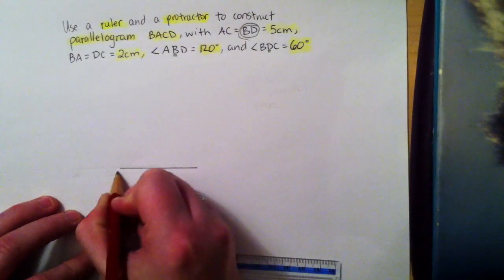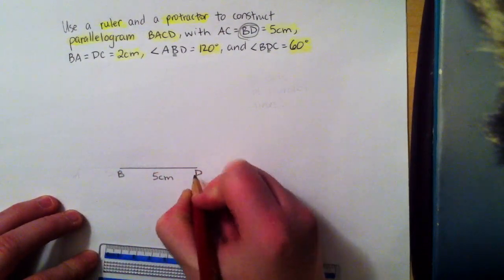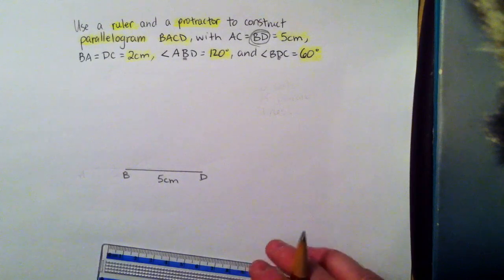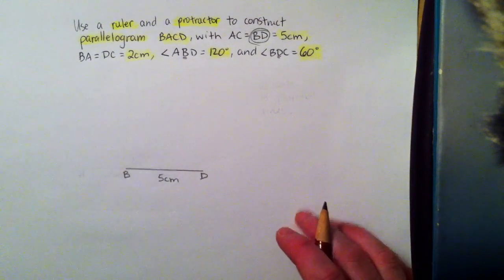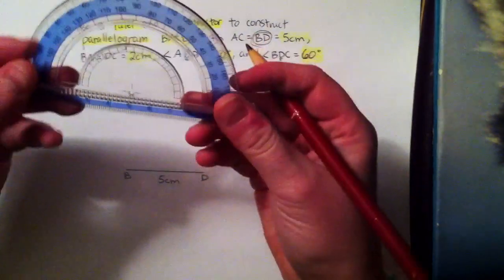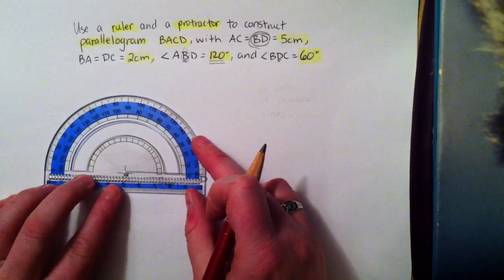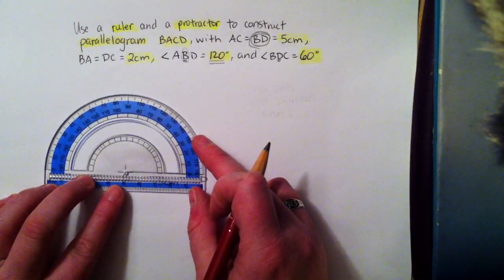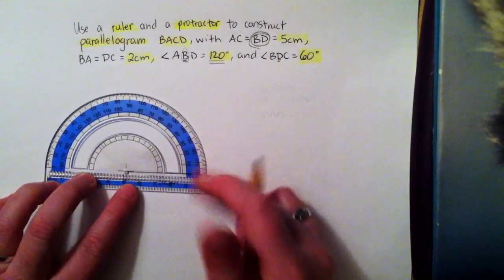Make sure to mark your line with 5 centimeters as the measurement and label the ends B and D. The next thing we can do is measure out the angle 120 degrees because we know that angle ABD is 120 degrees.